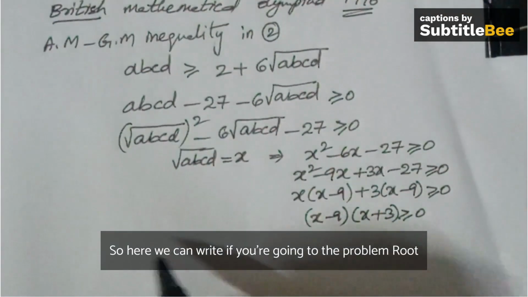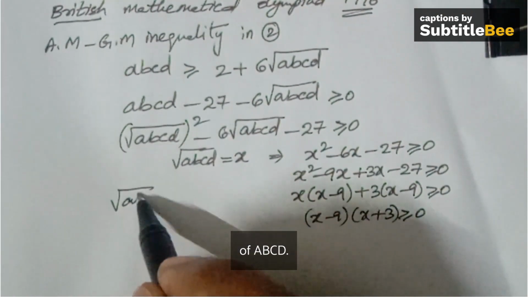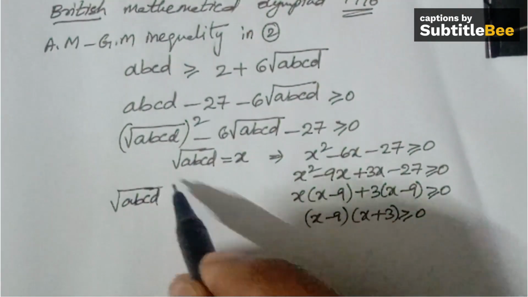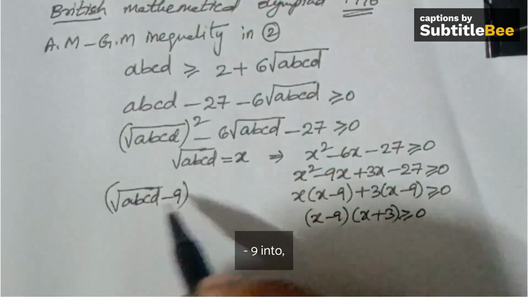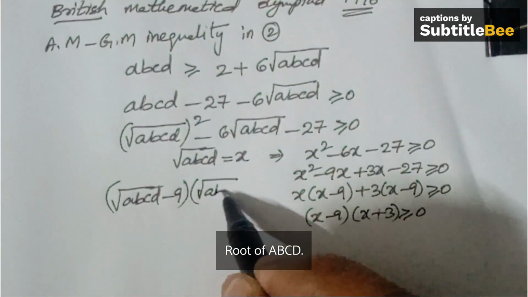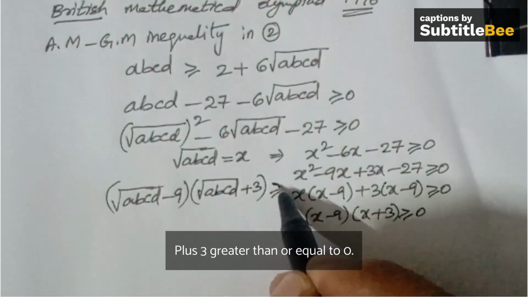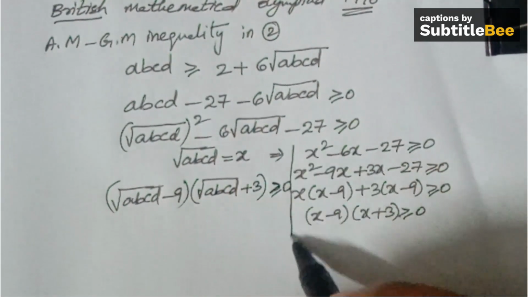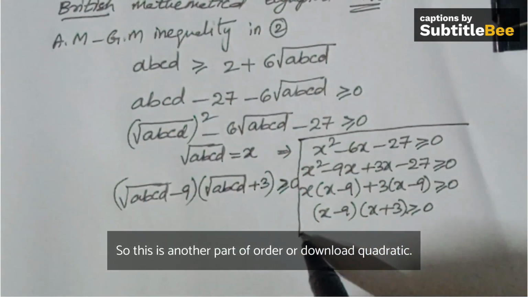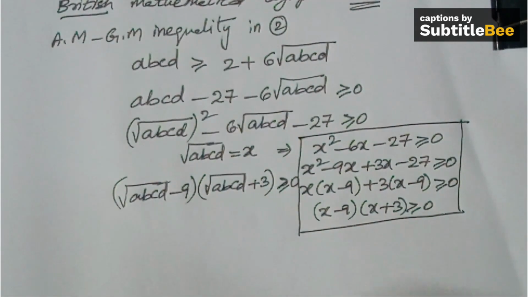So root of ABCD minus 9 into root of ABCD plus 3 is greater than or equal to 0.